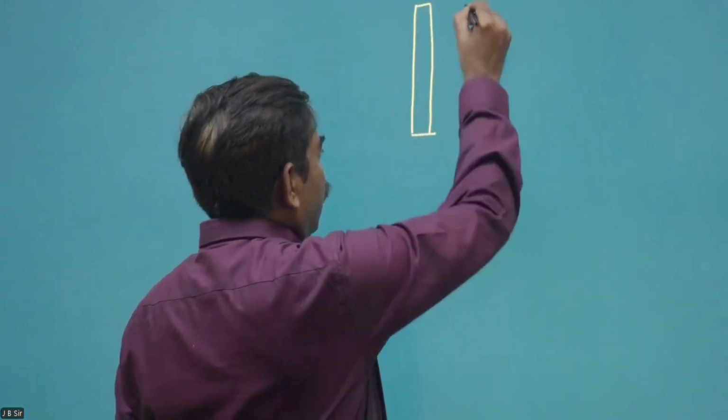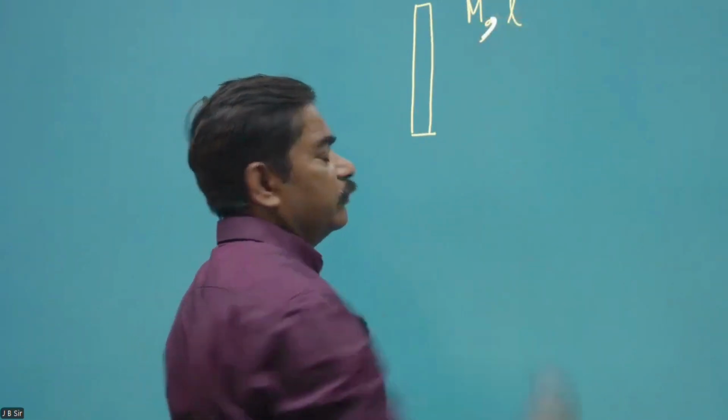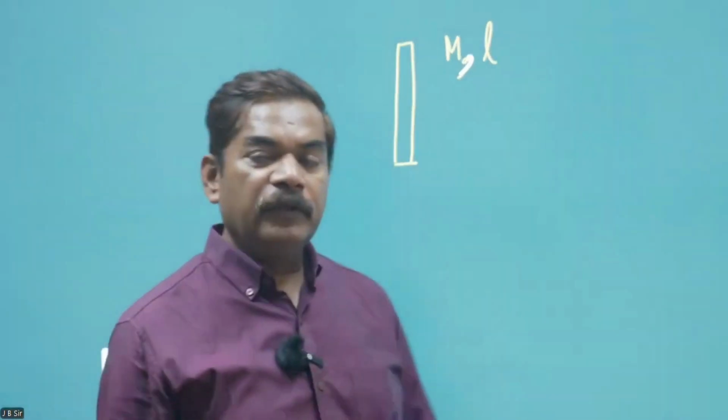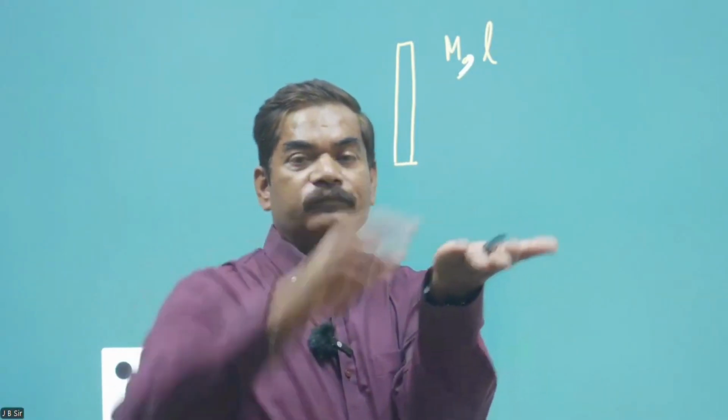There is a rod of mass M and length L. It's lying on a horizontal smooth floor like this.